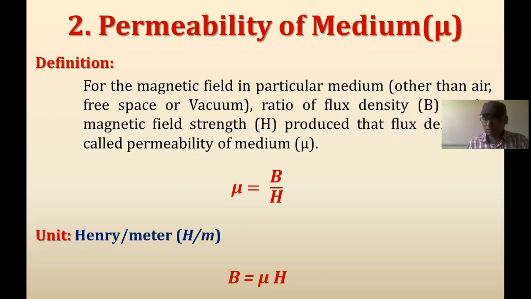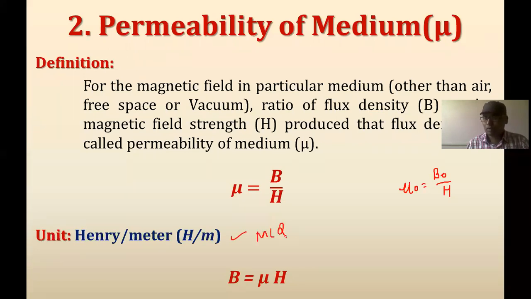So this is about the permeability of a medium. For both types, the permeability of free space is represented with mu zero, and the permeability of a medium is represented with mu, having the same unit, Henry per meter. Sometimes this may be asked as an MCQ type of question.